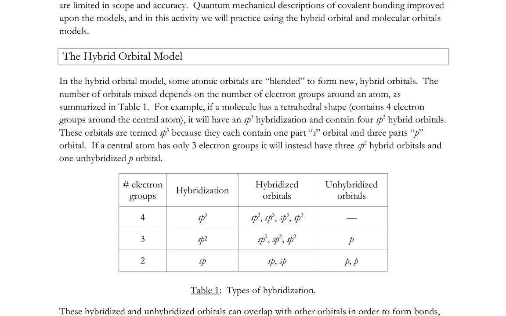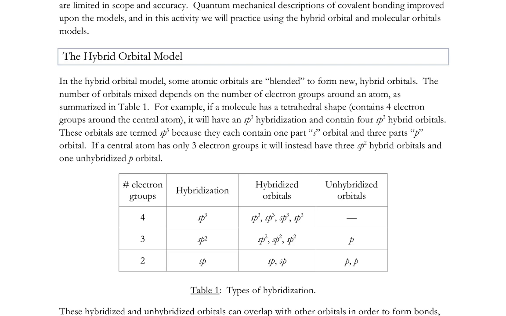But for the other atoms, we figure out how many electron groups there are about that atom. If there are 4 electron groups, we need 4 hybridized orbitals, and they are composed of an s atomic orbital and 3 p atomic orbitals.